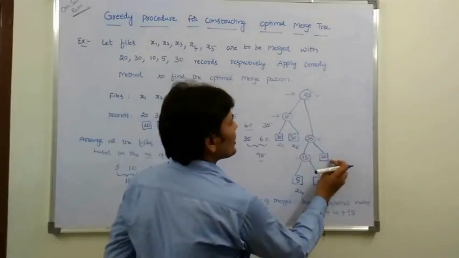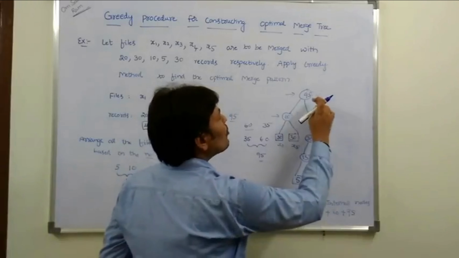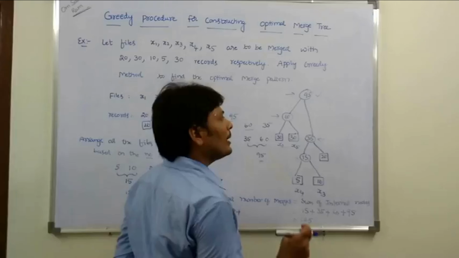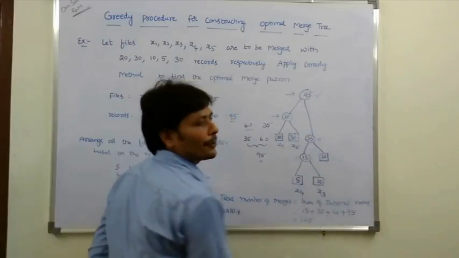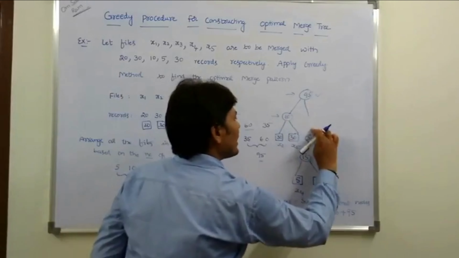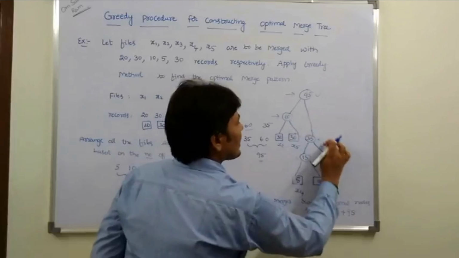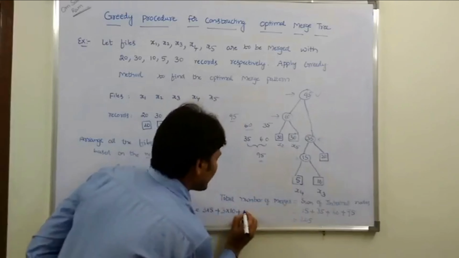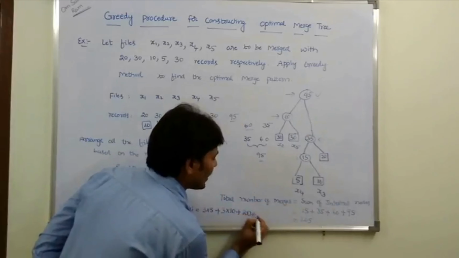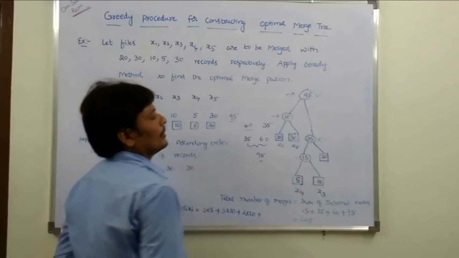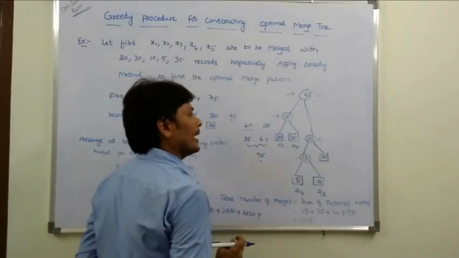Next leaf node is 20. How much distance is traveled from the root node to this leaf node? First edge and second edge. So that is 2 into 20. Plus the next leaf node is 30.